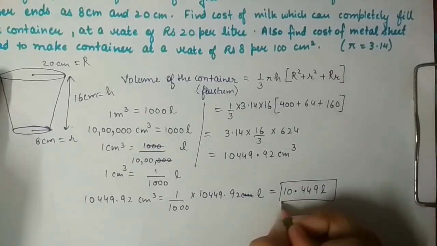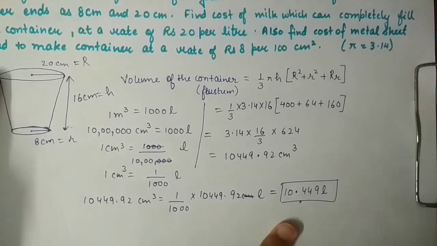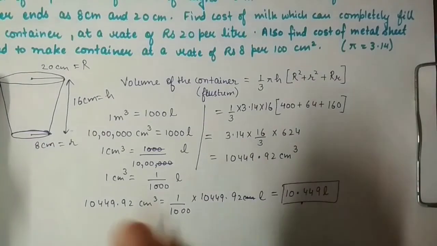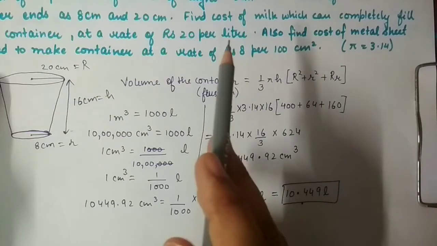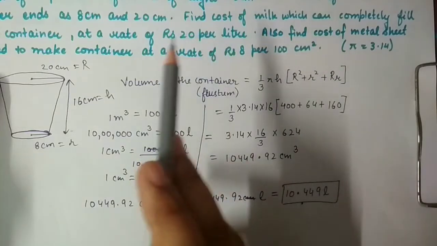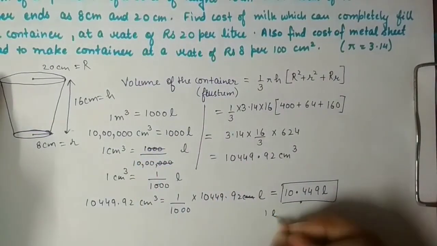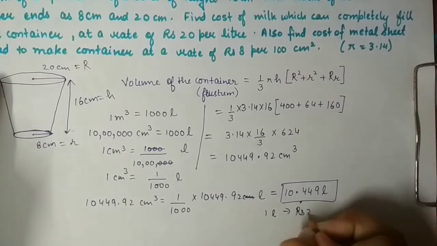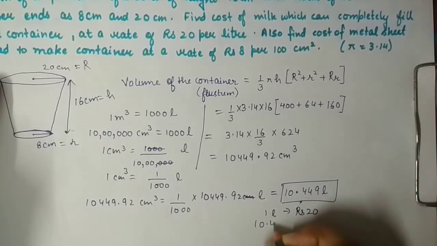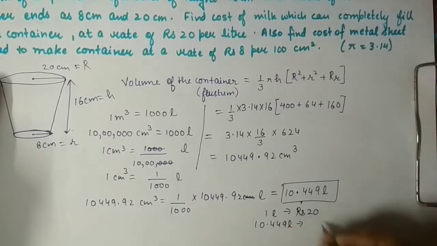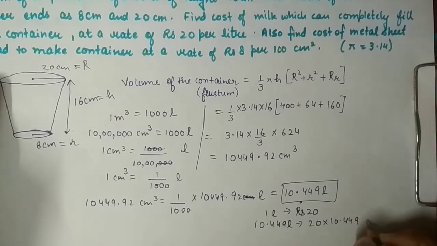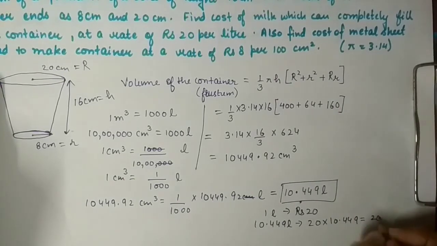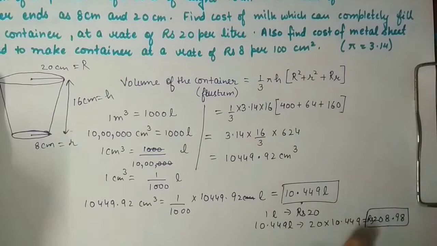So it means the volume of the container is 10.449 liters, and if the rate of 1 liter of milk is rupees 20, then 10.449 liter milk will be of 20 into 10.449, that is equal to 208.98 rupees.